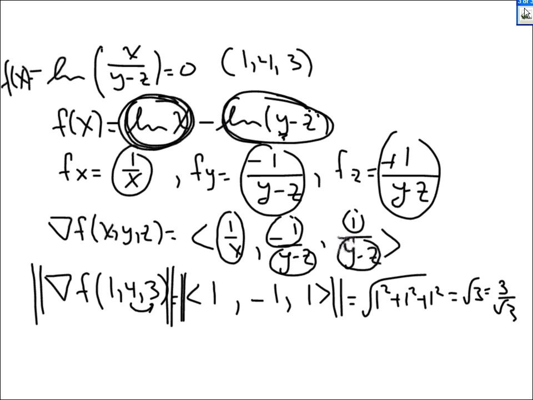So I take my vector 1, negative 1, 1, and I divide by square root of 3 over 3. That is, I multiply by the reciprocal. Dividing by a fraction is the same as multiplying by the reciprocal. And there's the answer.